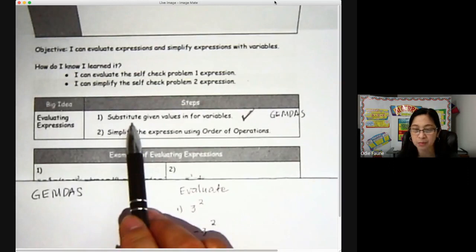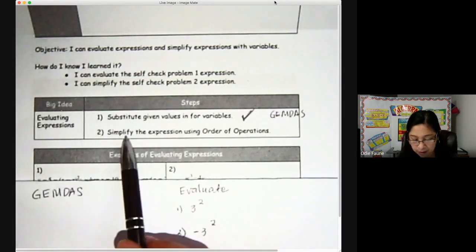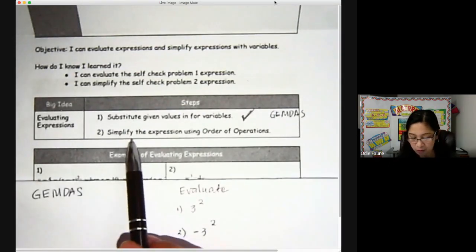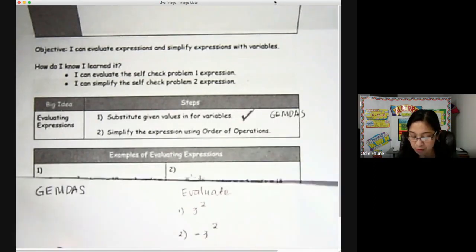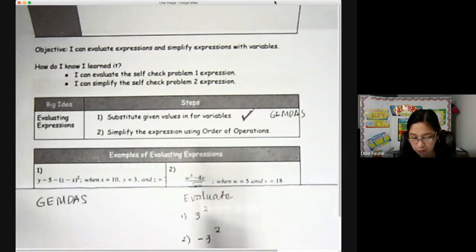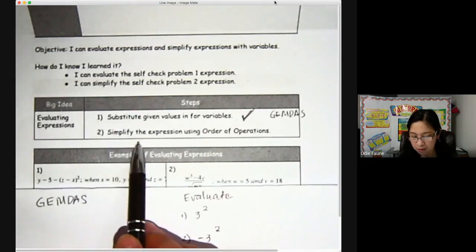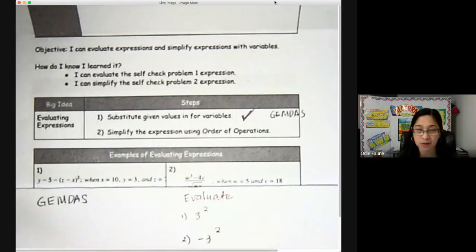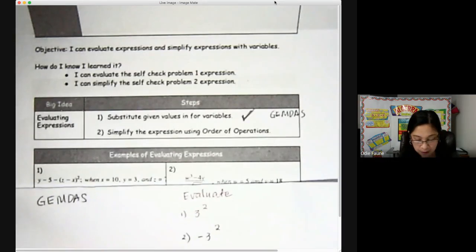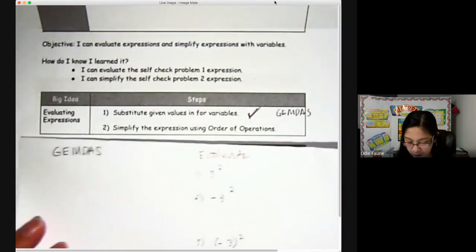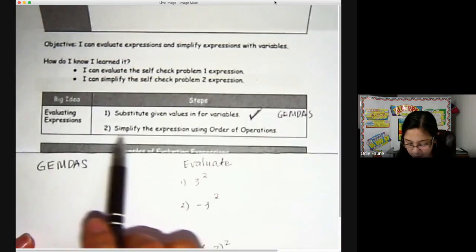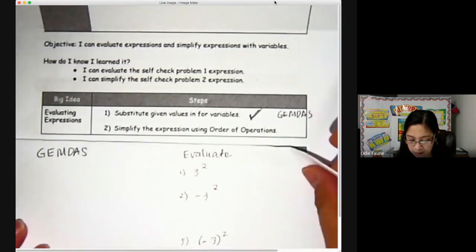Substituting is replacing. And the second is, once you have already plugged in or substituted the numbers for the variables, we proceed to simplify the expression using the order of operations. And we will use the GEMDAS here when we simplify the expression.